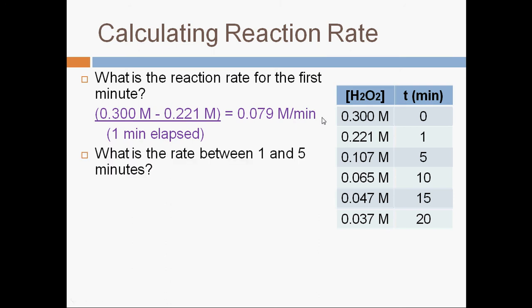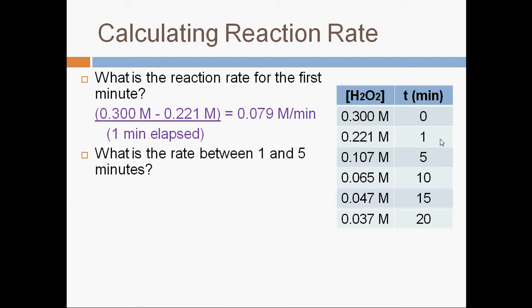Okay. Next, we might consider what was the rate between 1 minute and 5 minutes. Again, what we would do is just look at the change in concentration between 1 and 5 minutes, so 0.221 minus 0.107, and then divide that by the amount of time that had elapsed. Between 1 minute and 5 minutes, a total of 4 minutes have elapsed.